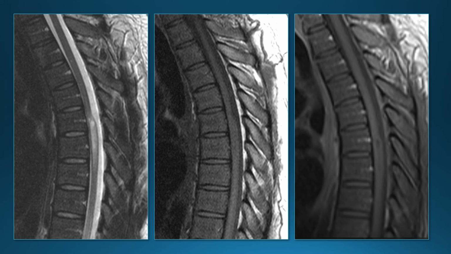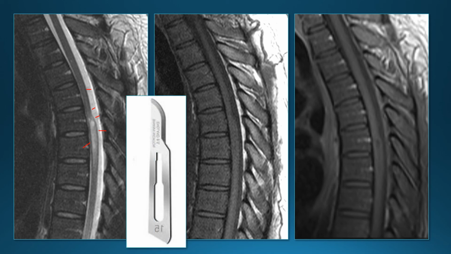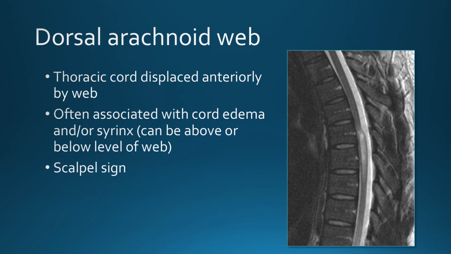This patient, the spinal cord has a somewhat funny shape here. There's a syrinx in the cord, and this appearance has been likened to the appearance of a number 15 scalpel blade. Sometimes it's the scalpel blade pointing up, sometimes it's pointing down. In this case, it's pointing up, but it can be the other way as well. This is the typical appearance of a dorsal arachnoid web.